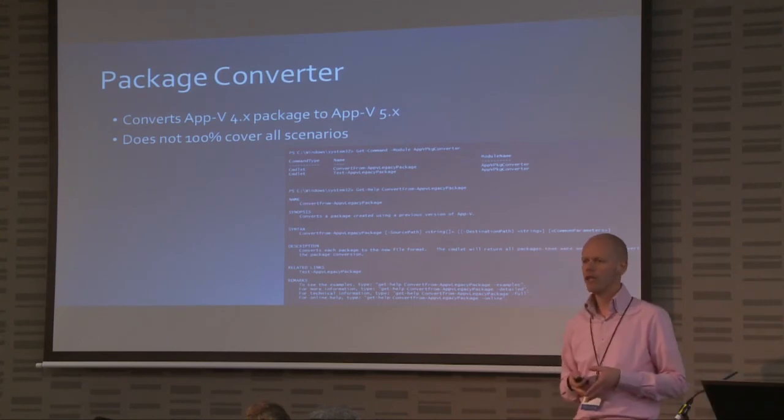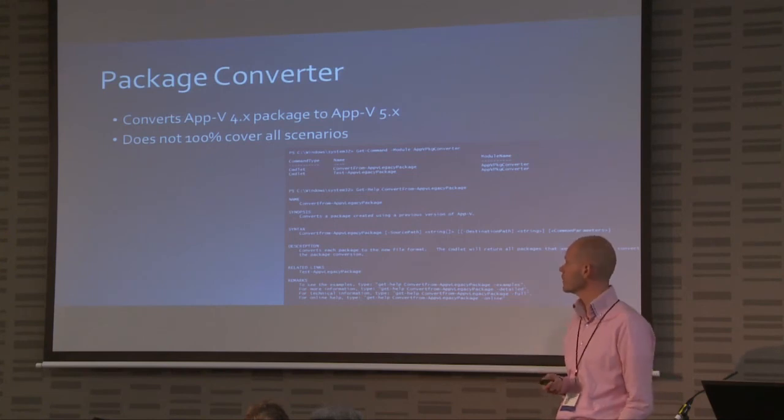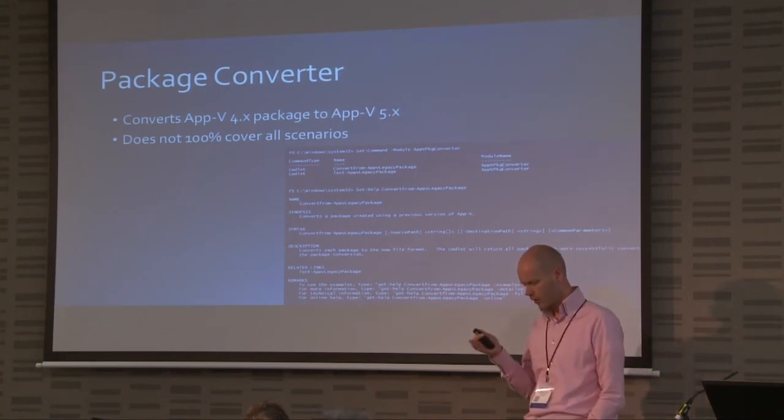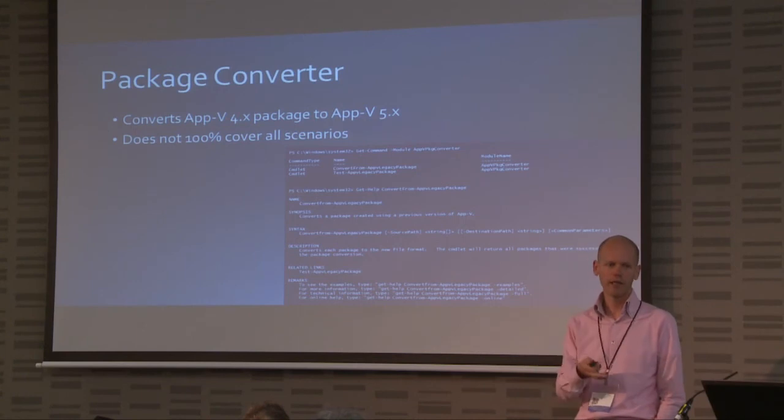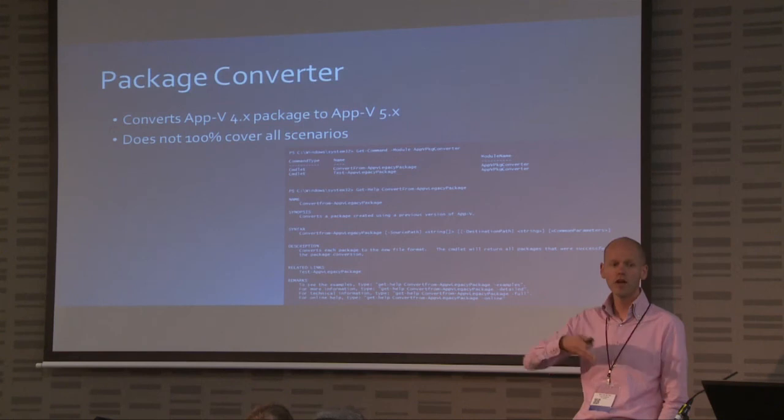If you currently have an App-V 4 environment, you probably have all your applications virtualized, or at least a big extent of your applications virtualized. Those applications cannot be directly added to the App-V 5 client. Those file systems are not compatible at all. So the applications that you have on App-V 4 have to be converted to the new file system.